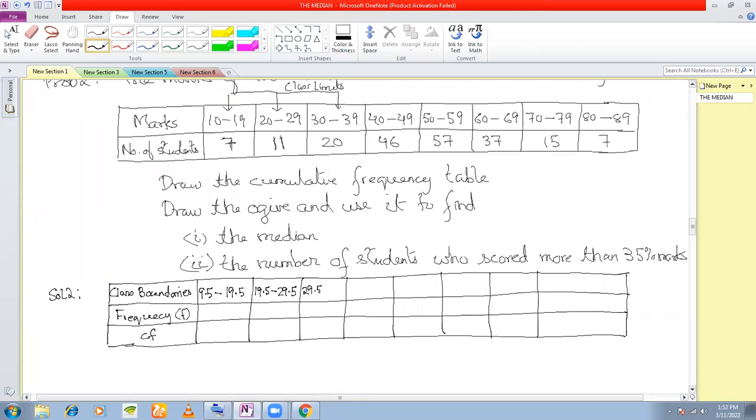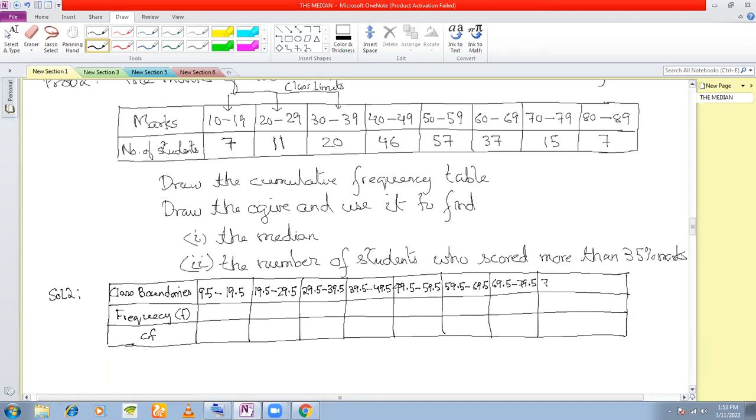So 29.5 to 39.5. Next you have 39.5 to 49.5. Next you have 49.5 to 59.5. Next you have 59.5 to 69.5. 69.5 to 79.5.